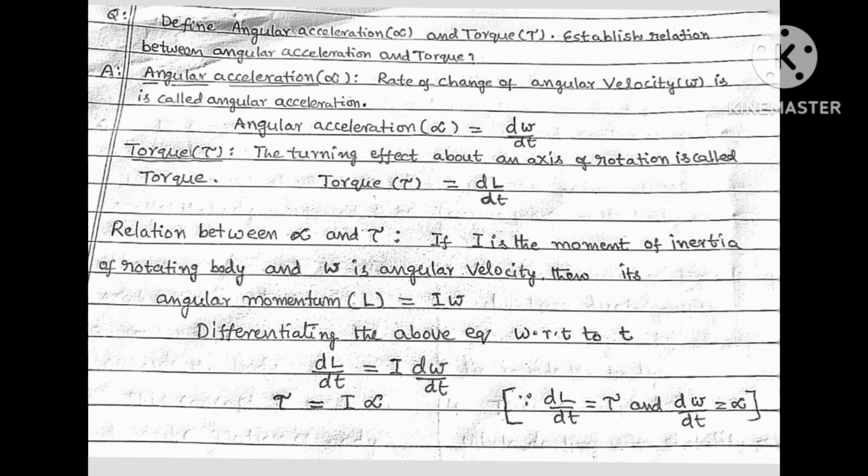Differentiating the above equation with respect to t, we get dL by dt equal to I d omega by dt. We know that dL by dt is equal to tau and d omega by dt equal to alpha. Therefore, tau equal to I alpha.